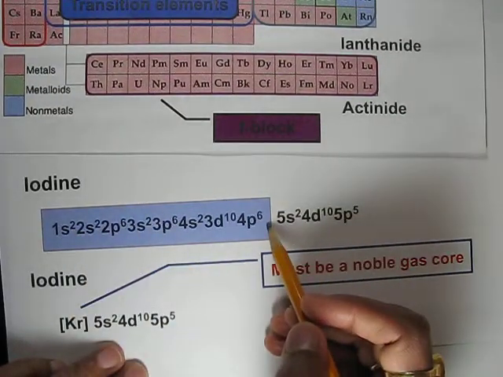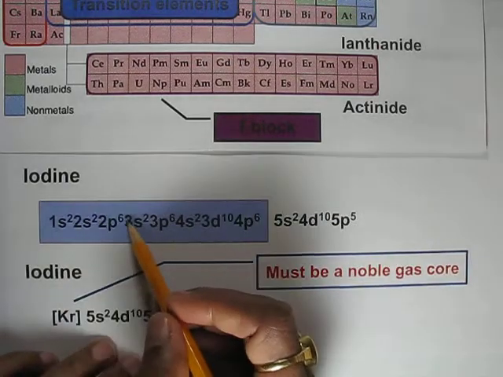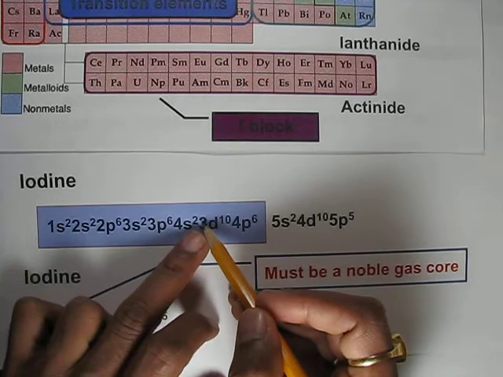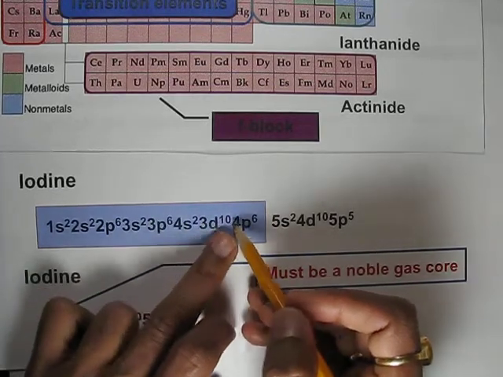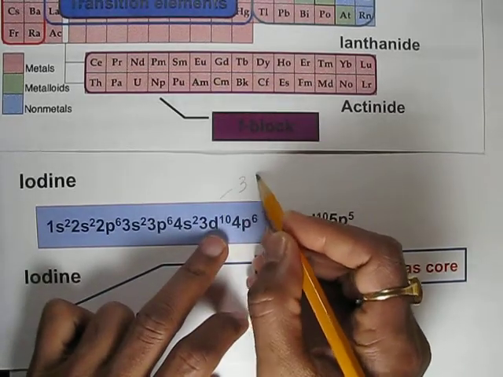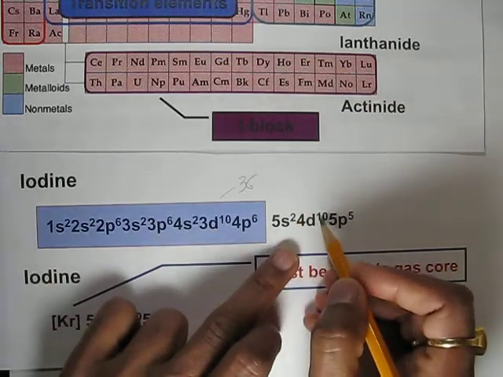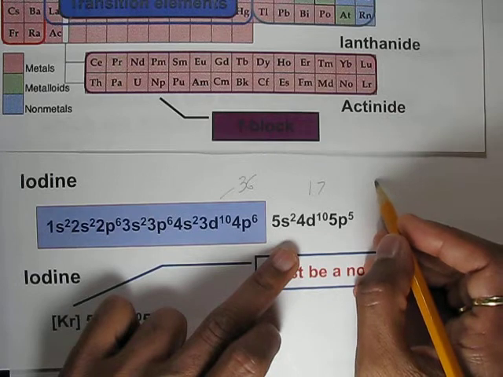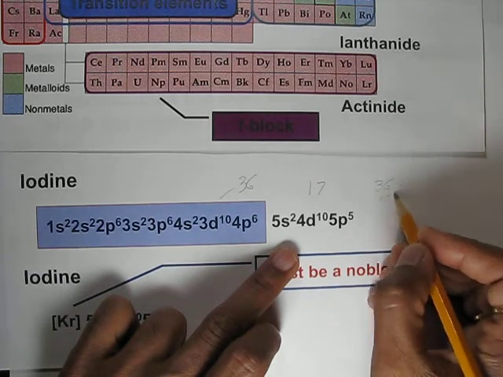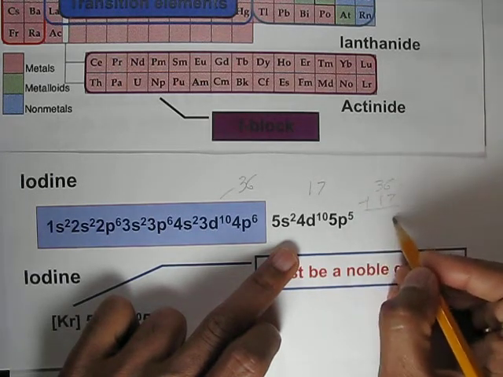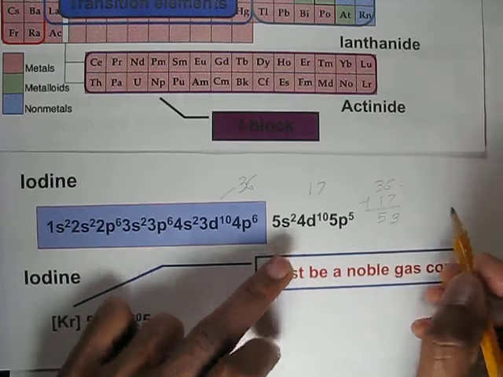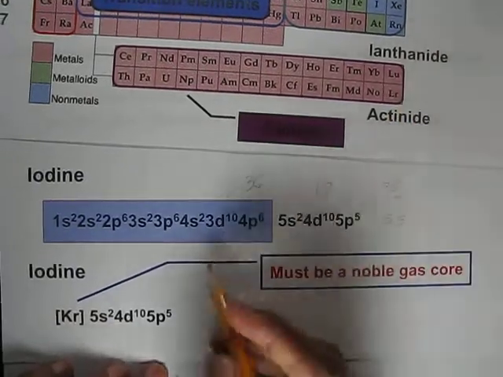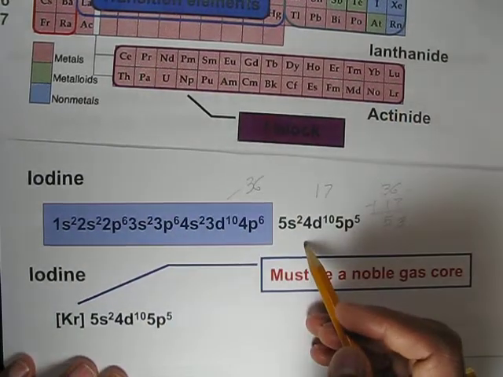So if we count the electrons in total: 2, 2, 2, 6, 6, 12, 18, and then 20 and 30 and 36. So this is 36 electrons, and then 10, 15, 17, so 17. So total is 36 plus 17, 53. So for atomic number 53, the iodine electronic configuration will be like this.